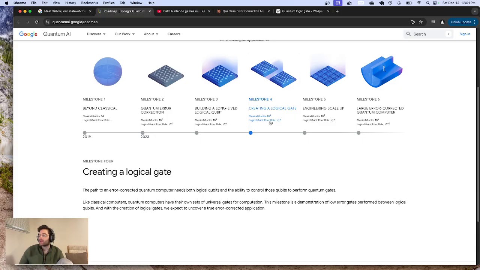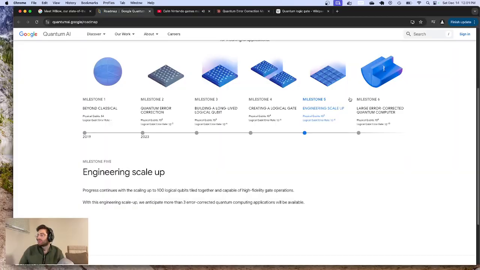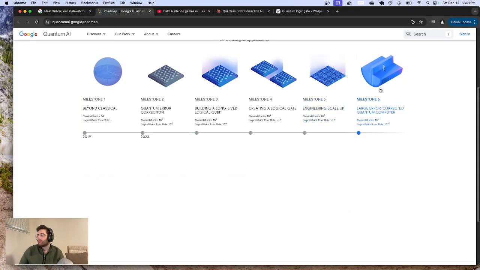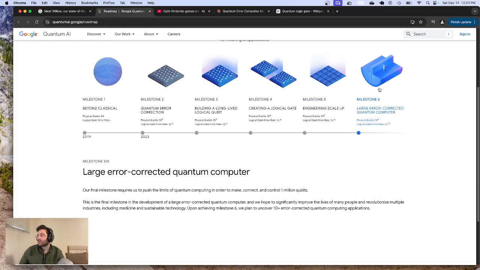They're expecting error rates to drop. Error-corrected needs both logical qubits and the ability to control these qubits to perform quantum gates. Oh. So we don't even have quantum gates yet. And then we scale up, and then we have a real computer. Is that the size of it? Wow.